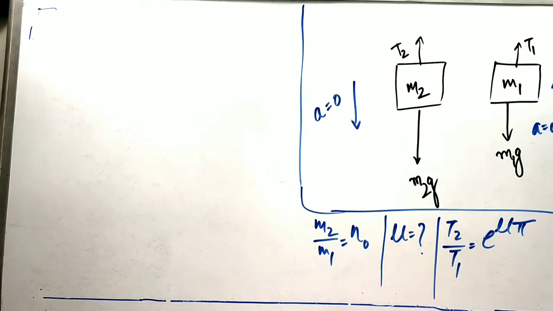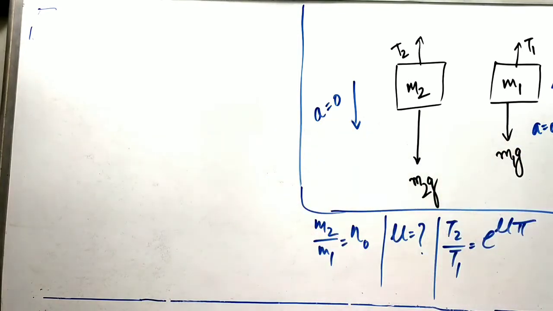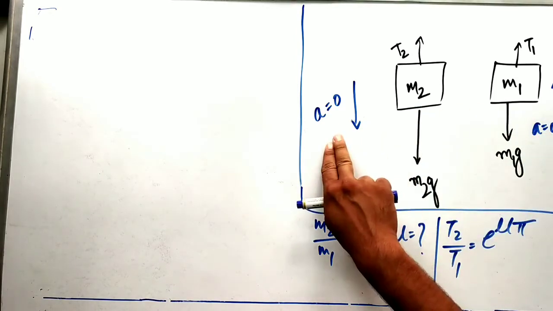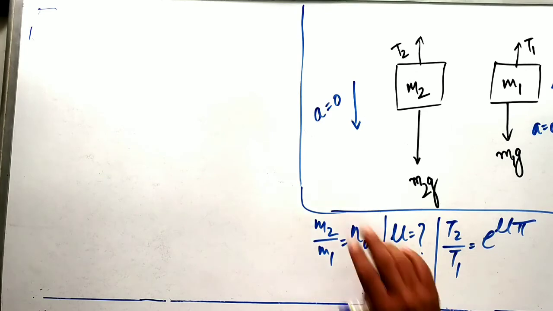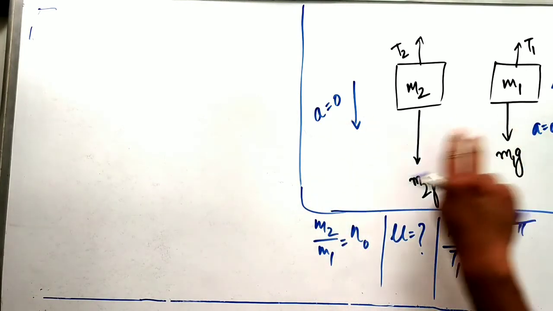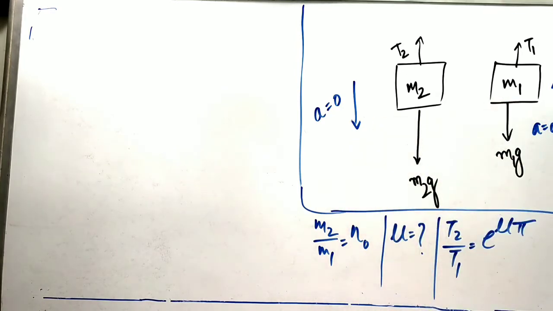In that case, the acceleration of both the masses is equal to 0. But if these two bodies move, this one is going to go down and this one is going to go up. That is why I've mentioned that the acceleration now is equal to 0 but is directed downwards and upwards for the two of them.